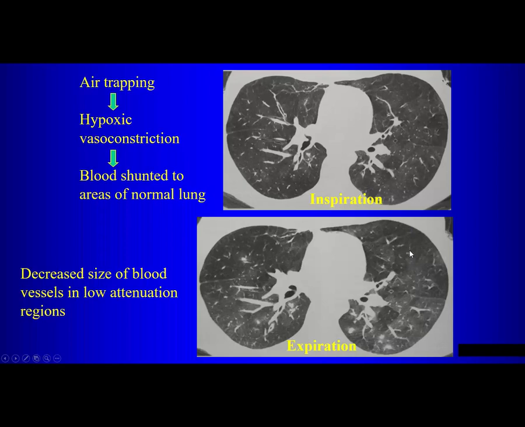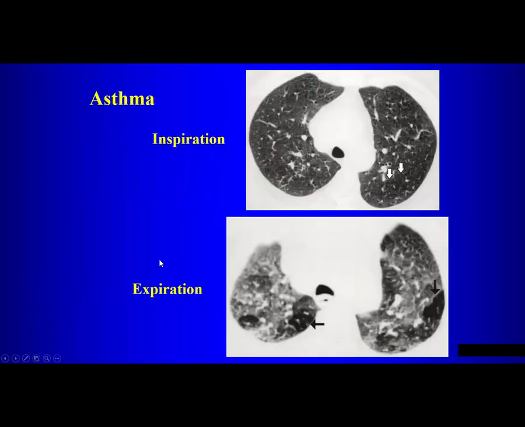Now there's a term for that. What is the term? When you have decreased perfusion, decreased blood vessels within these areas of lower attenuation, that is called mosaic perfusion. Mosaic perfusion.